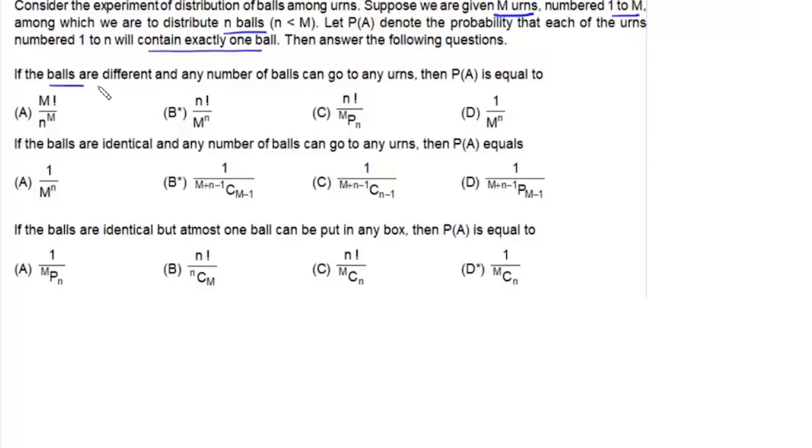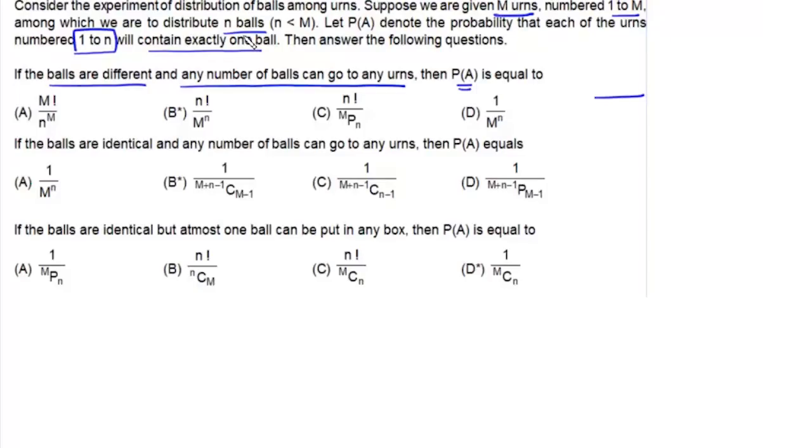If the balls are different and any number of balls can go into any number of urns, then PA is equal to what? Now PA is when the urns from 1 to n will contain exactly one ball. Now first we'll find total number of possible cases. Now for each ball, we have m choices. It can go to any of these m urns. Now for the first ball, we have m choices.